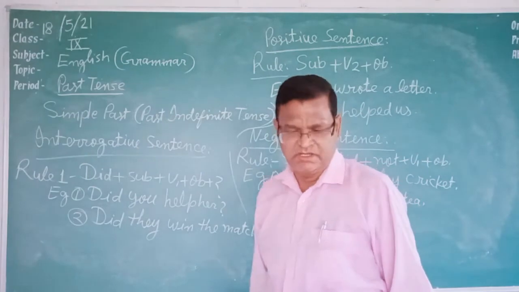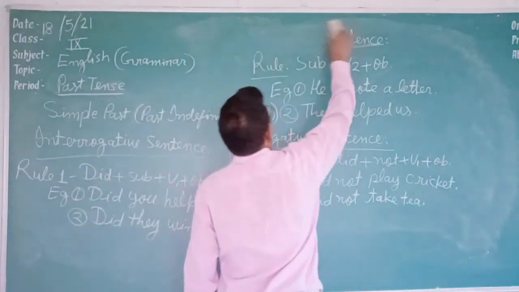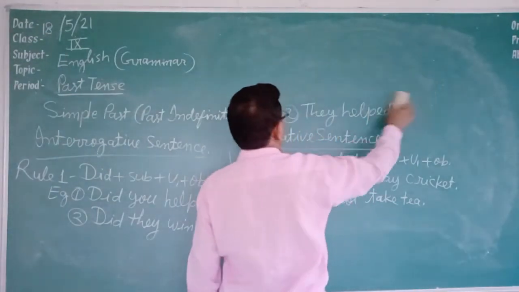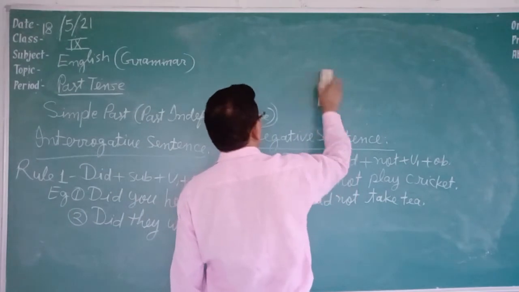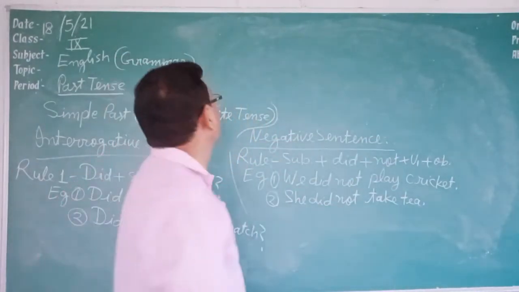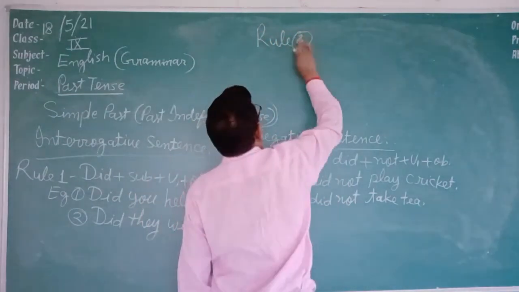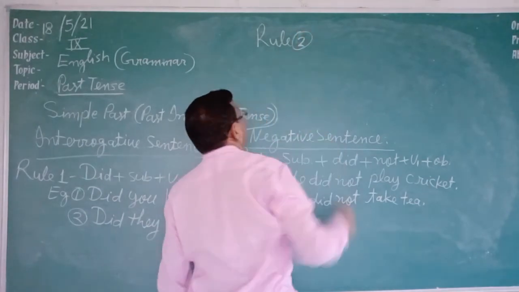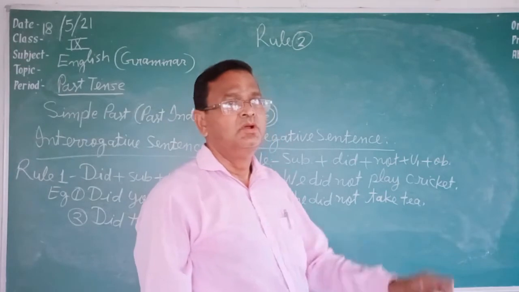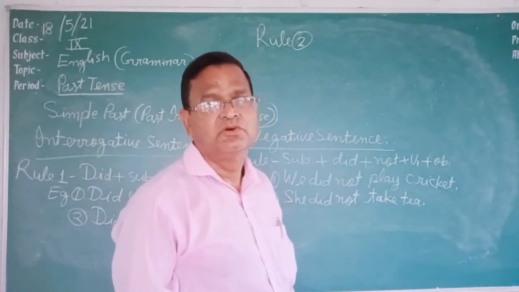Now write down the second rule of interrogative sentence. Interrogative sentence second rule. This rule belongs to the second type of interrogative sentence starting with question word.